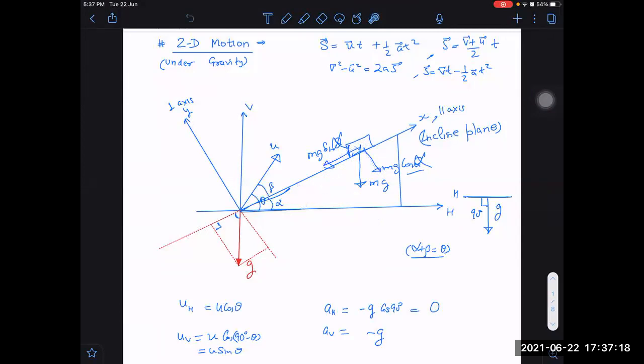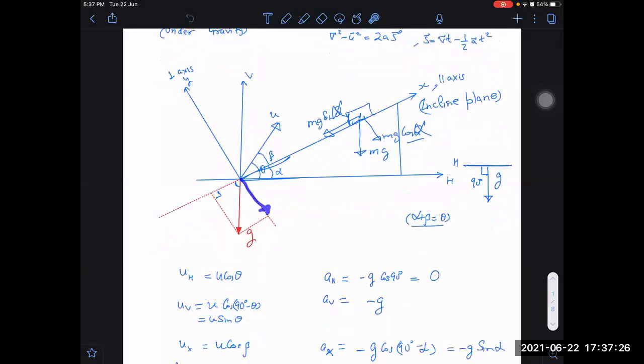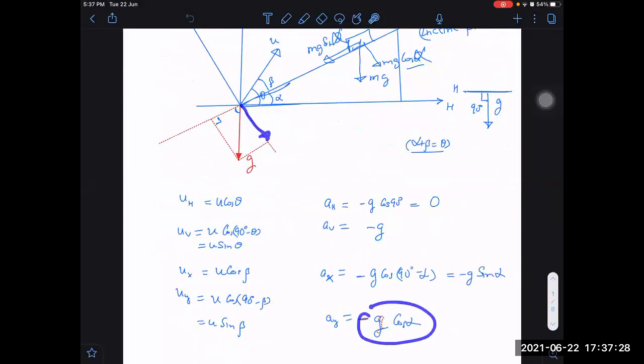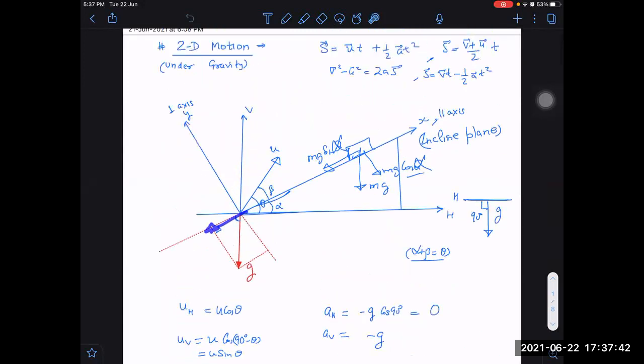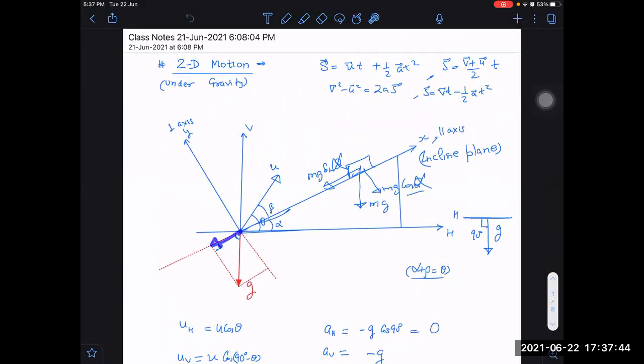Therefore, what will be the acceleration along the y-axis? Minus g cos alpha, right or not? g is downwards. Component in this direction will be g cos alpha. What will be the component of g along the incline?